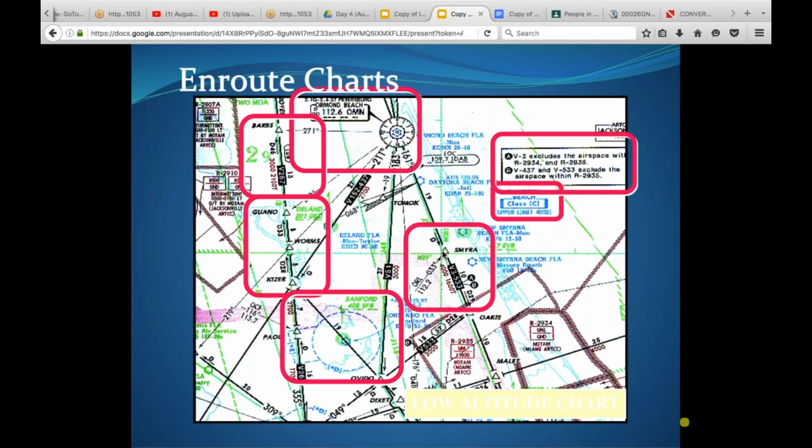And remember how we talked about restricted airspace? Sometimes there are active times, sometimes not active times. Sometimes they allow people to fly through them. A lot of it just requires prior approval or for it not to be active. But we can still fly through those all the time.